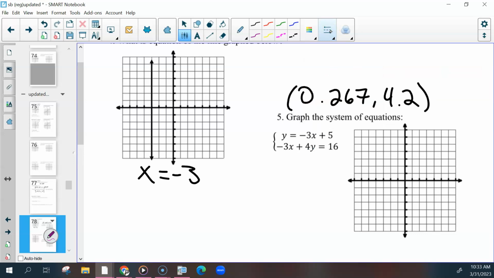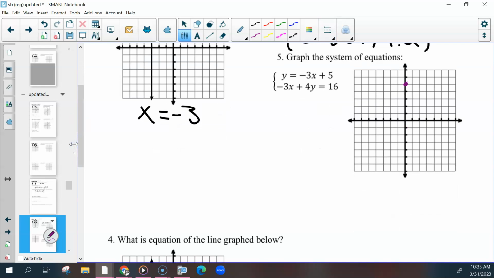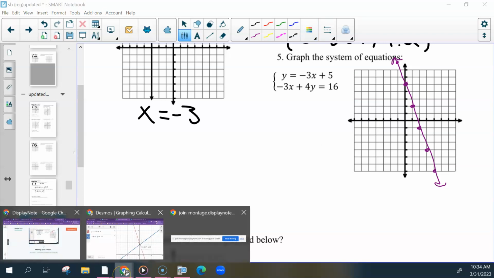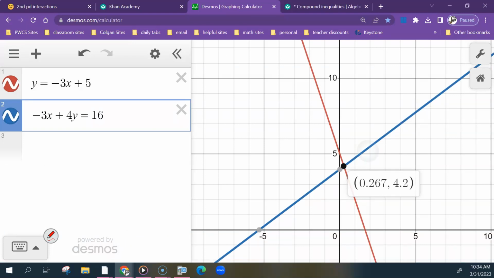The first one starts at 5, has a slope of -3, so down 3, right one. You don't need this point up here, I'm just doing it similar a little bit more here. And so the other one I'm going to graph from Desmos. If you did it algebraically, that's fine. So I have a y-intercept of 4.